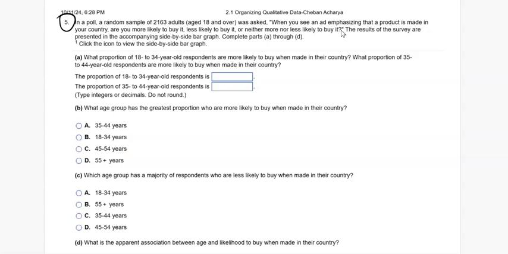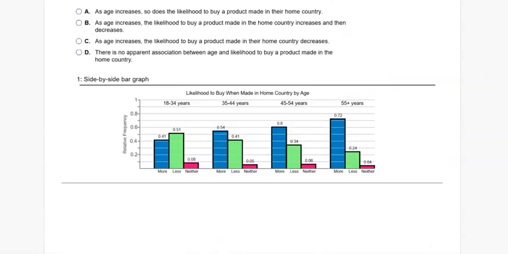So to find the answer to this question, people were asked in a survey, 2,163 adults, and the results are given here in this bar graph: more, less, neither. In the age group 18 to 34 years old, remember that relative frequency is the same as proportion.